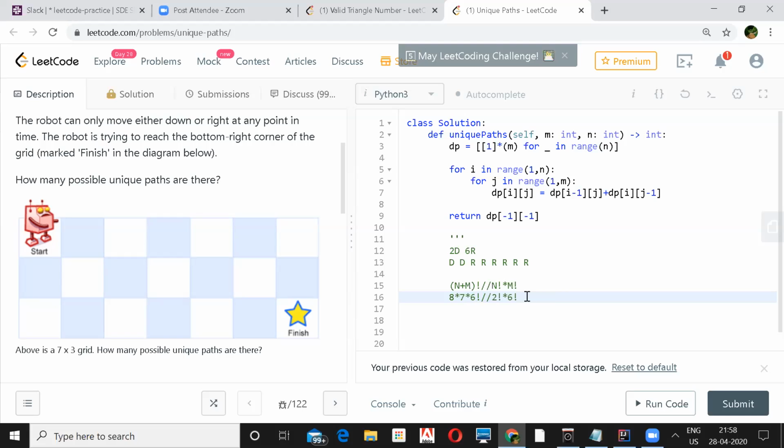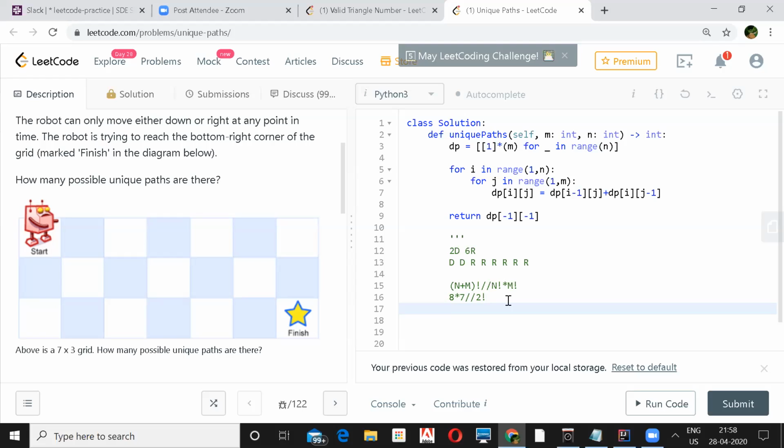I can cancel this 6 factorial. Yeah, here you can directly cancel this 6 factorial, and the rest you can just divide. You can start from 8 and decrement by 1, 8, then 7. Whichever is bigger, up to m minus n, up to that point only we need to calculate the factorial and divide it by the factorial of the smaller of m and n. Like 8 factorial, where the smaller is 2, not 6.